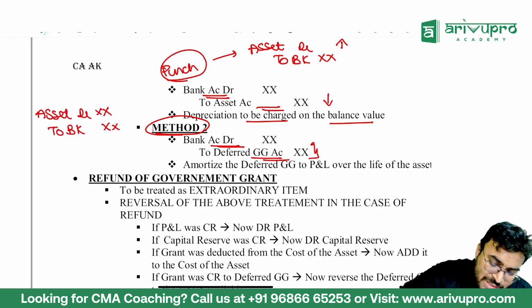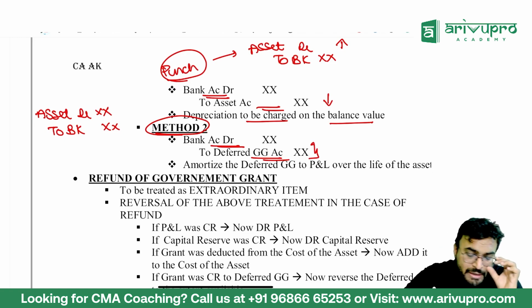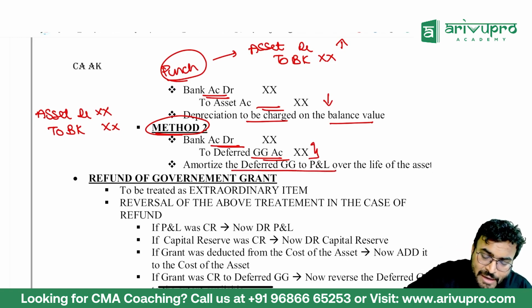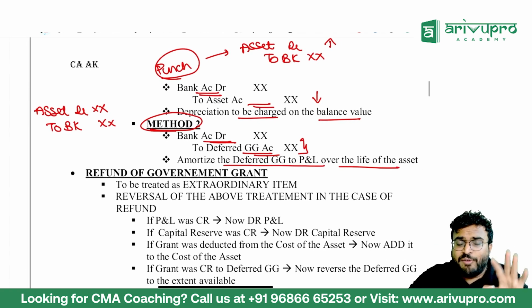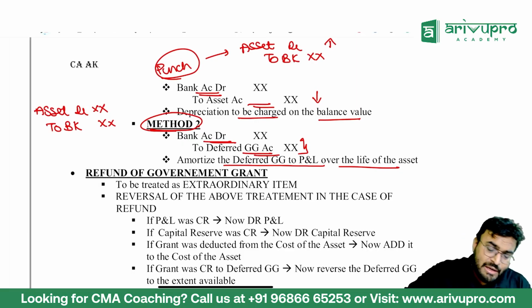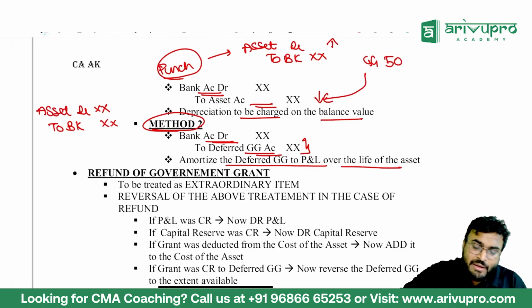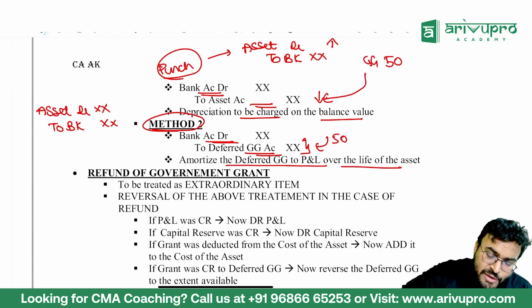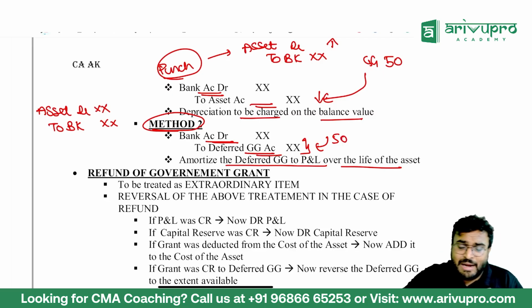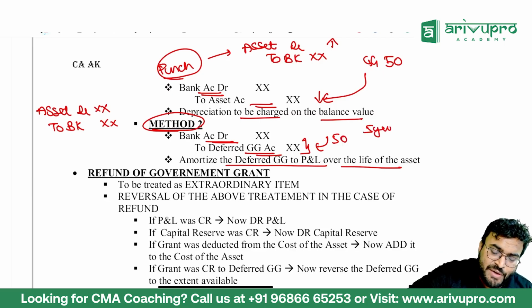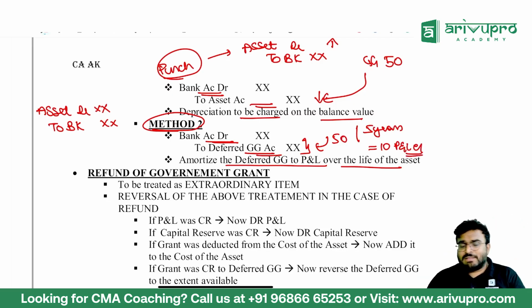I will pass it to a separate account called deferred government grant, and this will be amortized to the P&L over the life of the asset. Here, if I get government grant of 50, I will put it to deferred government grant, and if the life of the asset is 5 years, every year 10 I will credit to P&L. Is this clear?